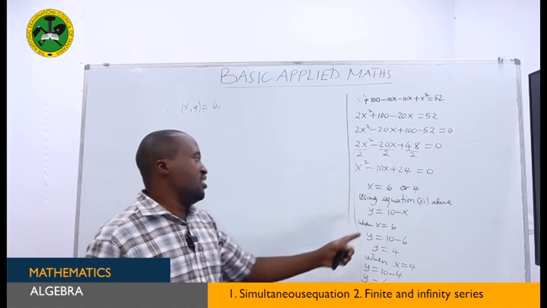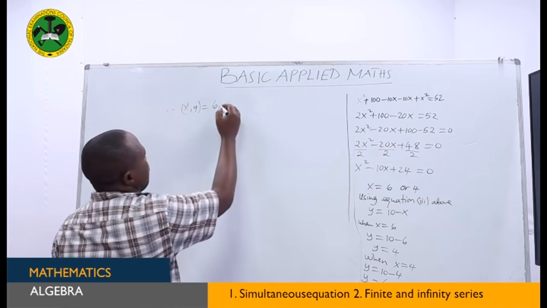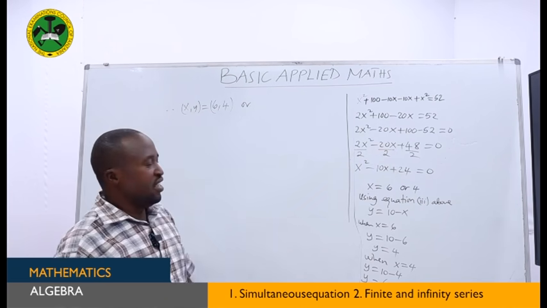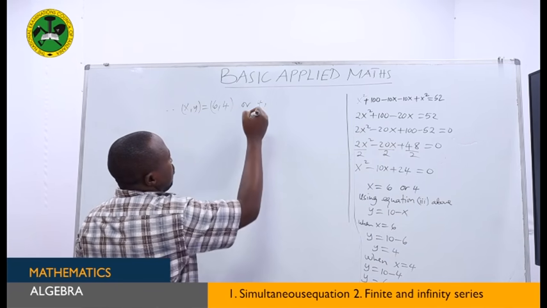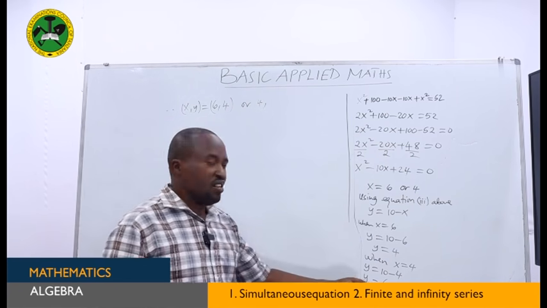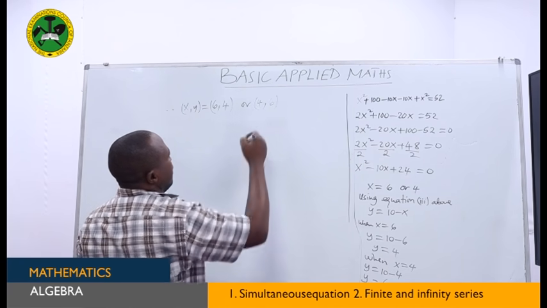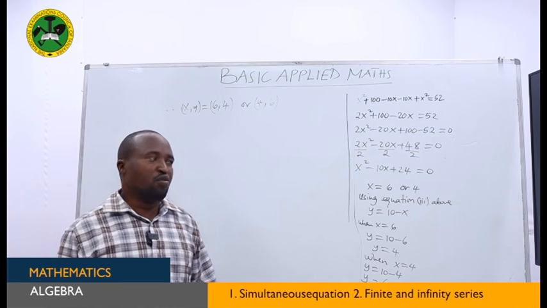When x is 6, y is equal to 4, that is (6, 4). Or again, when x is 4, y is equal to 6, that is (4, 6). Now this is the solution for such a kind of problem.